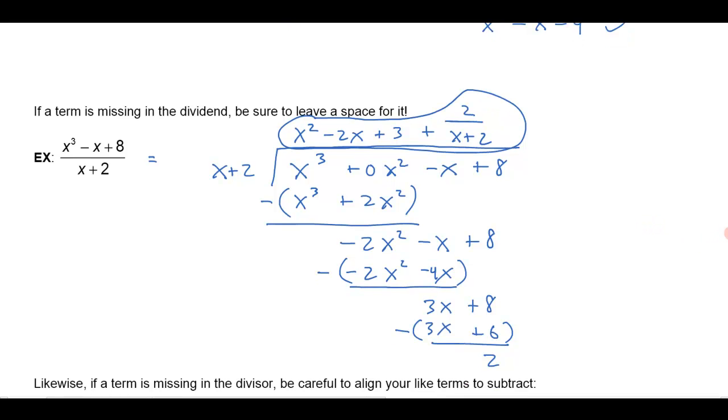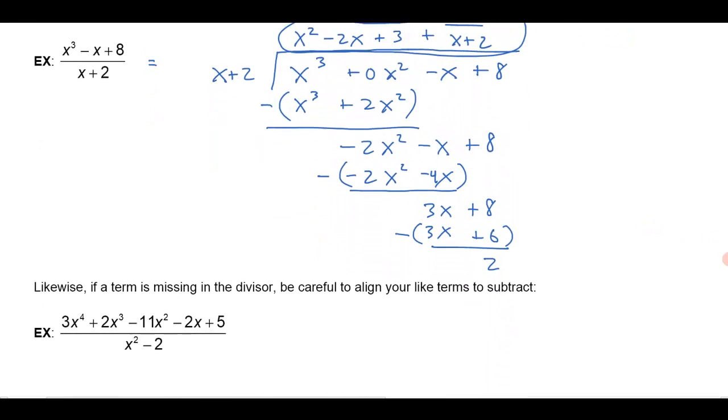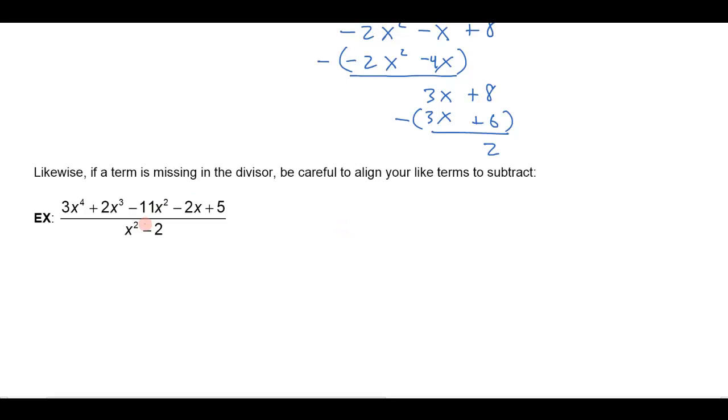One last problem here. If a term is missing in the divisor, here's an example of that. Here I've got an x squared minus 2. In this case, it looks like I have all my terms in the dividend there, but I'm going to go ahead and do 3x to the 4th plus 2x cubed minus 11x squared minus 2x plus 5.